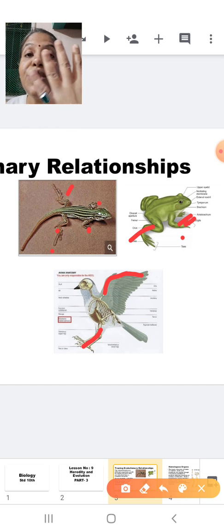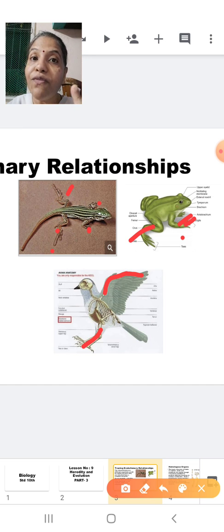All of them show the presence of 4 limbs. And how are the limbs? 1 pair of forelimbs and 1 pair of hind limbs they have. This shows that they have got a common ancestry, that is, reptiles, amphibians and aves. They have a common ancestor because there is similarity in their limb structure.